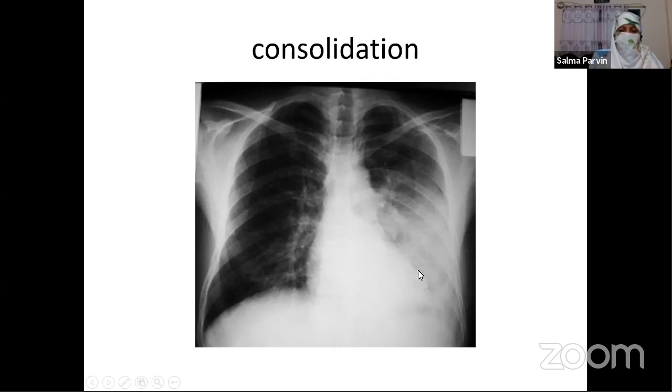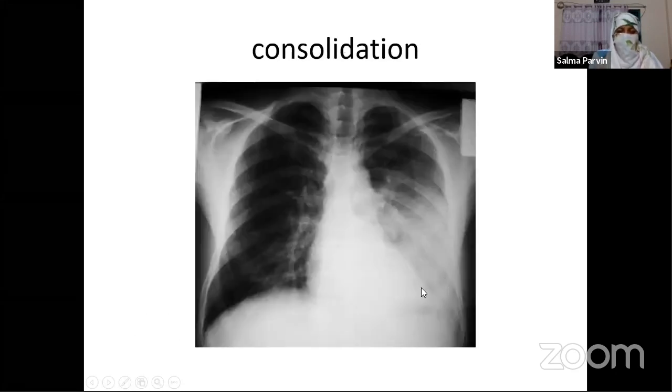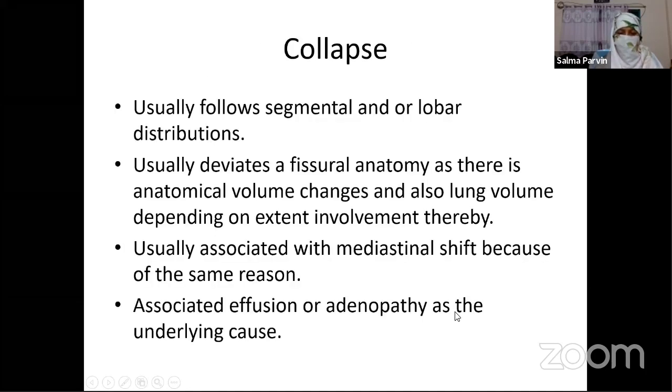The second is there is no volume change, meaning there is no mediastinal shifting. You see the trachea is central, and the patient has some rotation, and the mediastinum is mostly retained in its position. The CP angle is somewhat blunt, and there is a small effusion present here.